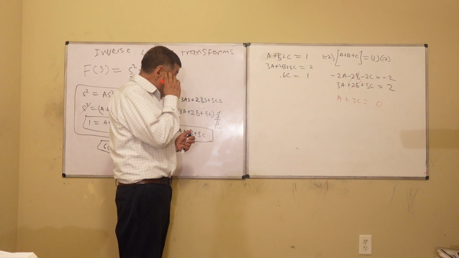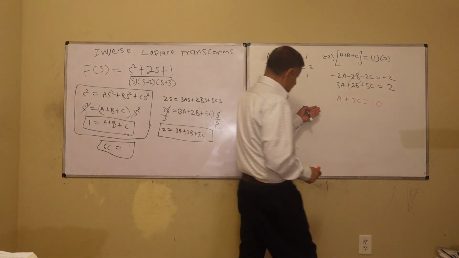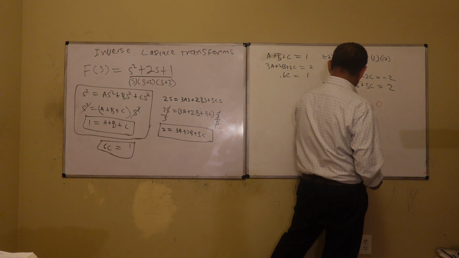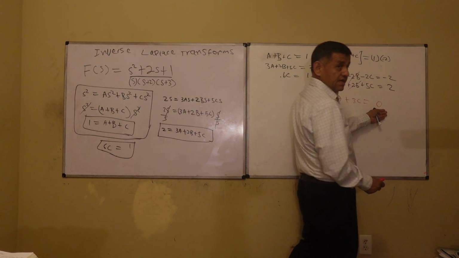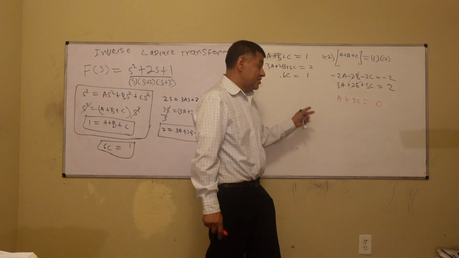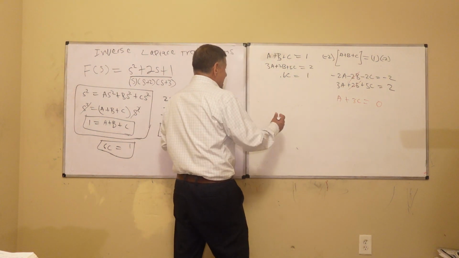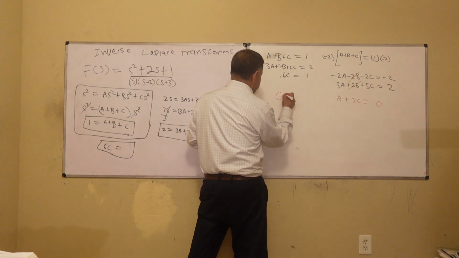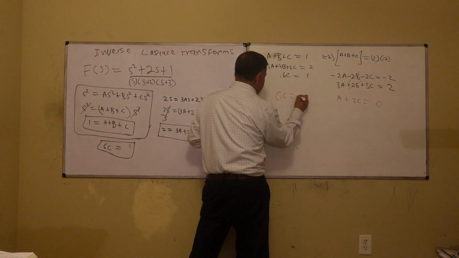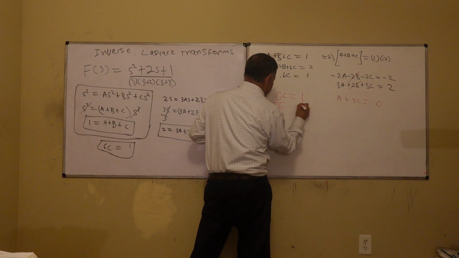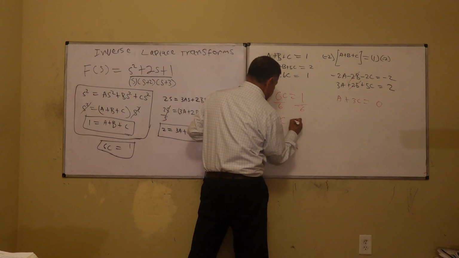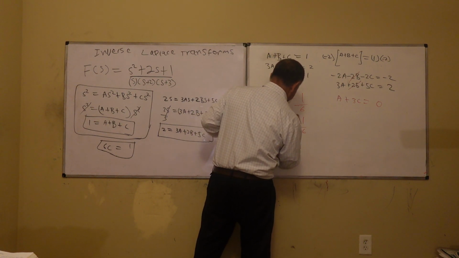So now we have this equation, right? We have a, and then we have this. Now notice that right now I can solve for this. I can say that 6c is equal to 1, and divided by 6 on both sides, c is equal to 1/6, isn't it?